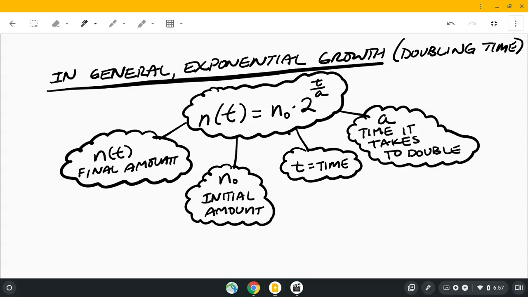So this is a really great function here when you're dealing with things that are growing exponentially, because if you are just simply collecting data, let's say you notice something growing exponentially, but you don't start collecting data from day one.